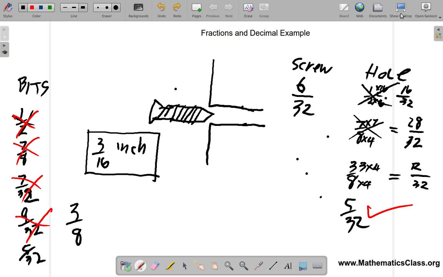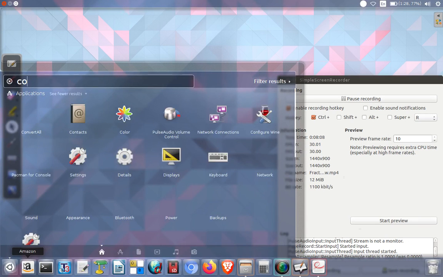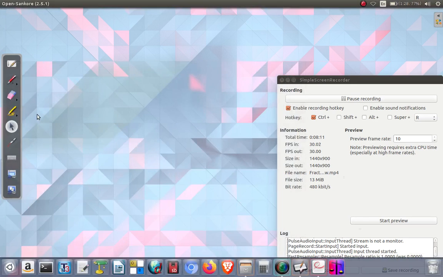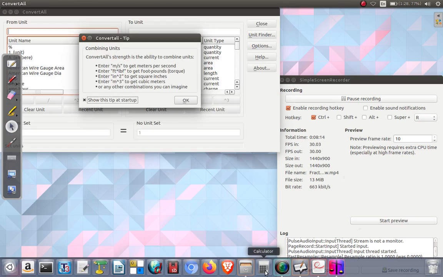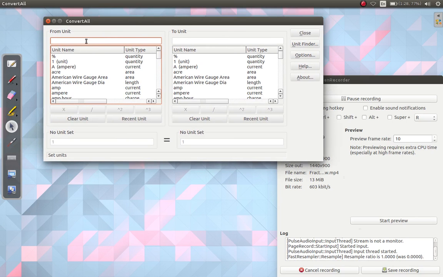Now what you can do, for the 5/32, let me get my converter. Alright, what you'll have to do is consider placing the measurement in length for the drill bit over here, in inches. This is in inches, and you want to convert from inch to millimeters.